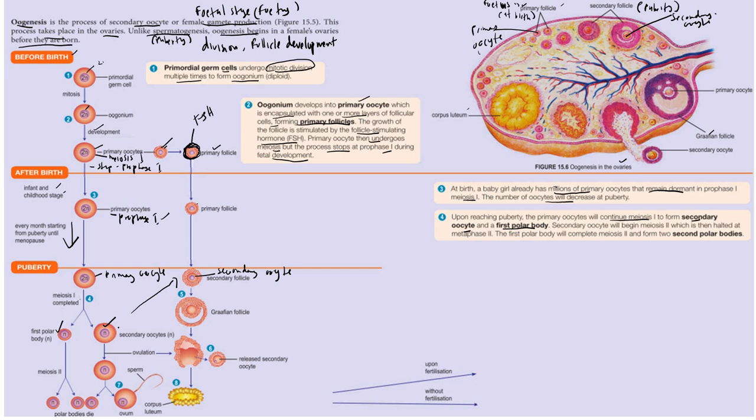So it produces these two. The secondary oocyte will later begin meiosis 2, which is then halted at metaphase 2. The first polar body will complete meiosis 2 and form two second polar bodies.